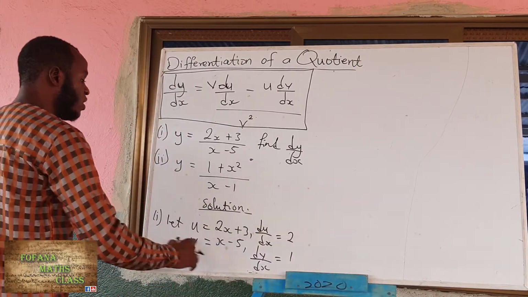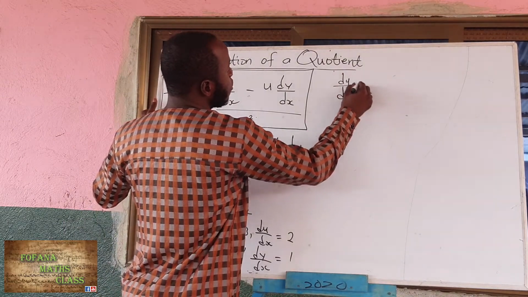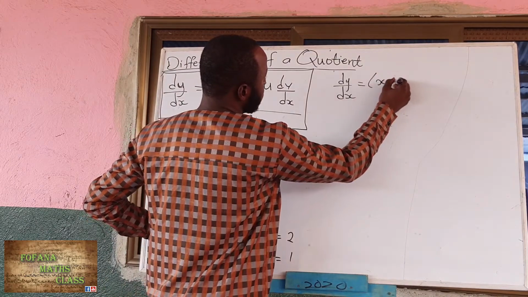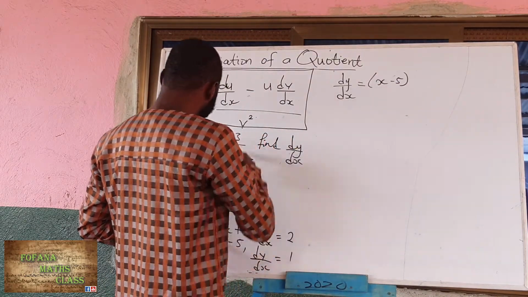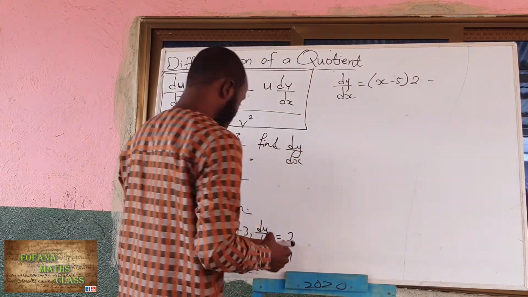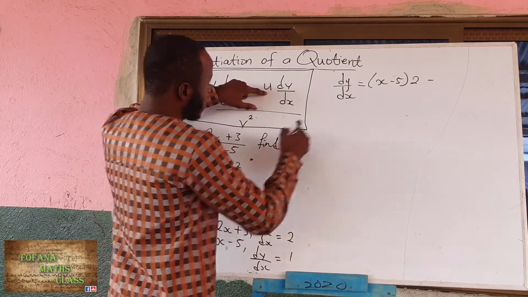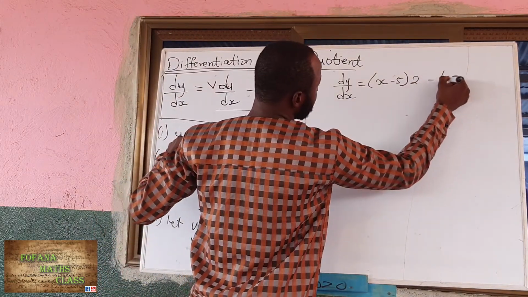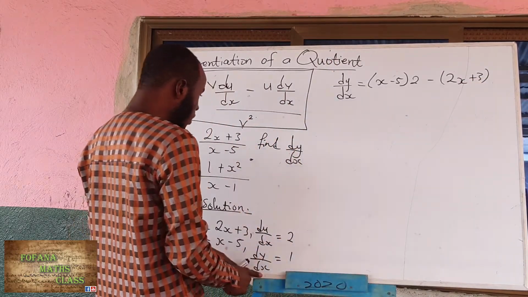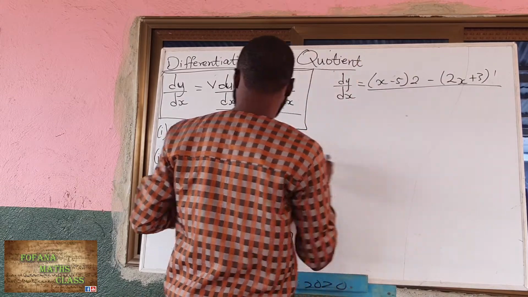Now when you substitute into the formula, dy/dx equals, we have v, which is x minus 5, times du/dx, which is 2, minus, we keep u, so u is 2x plus 3, times dv/dx, which is 1, all over v squared.